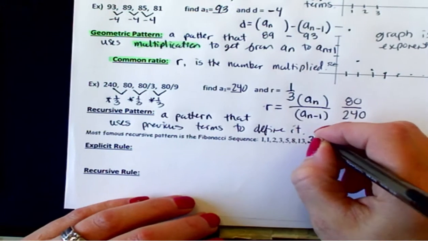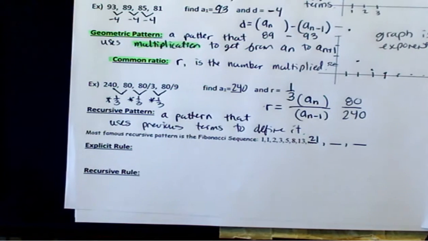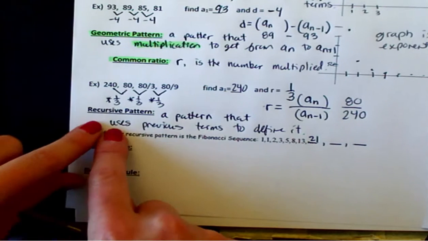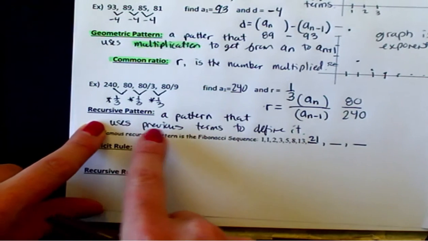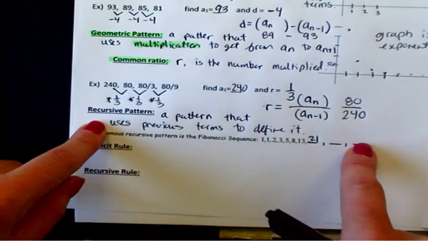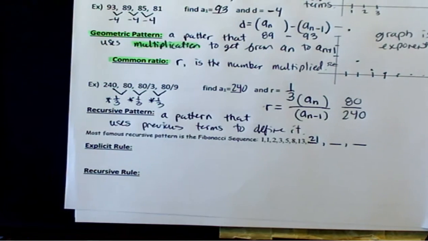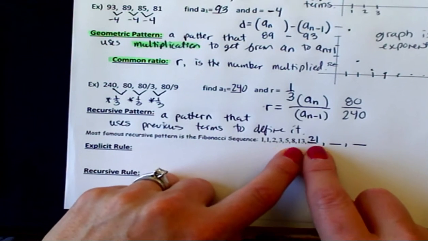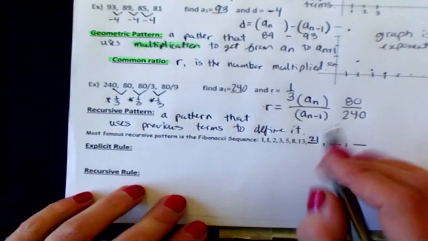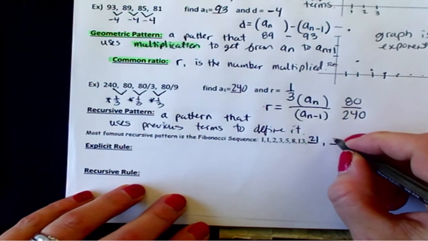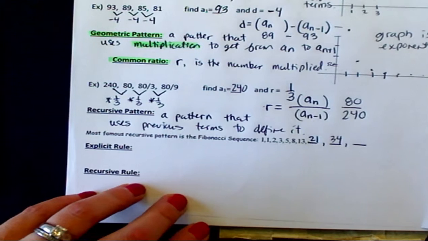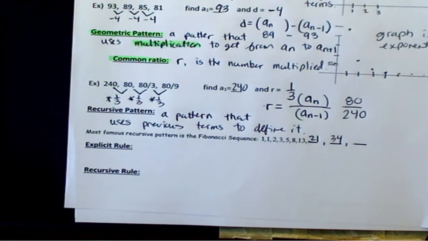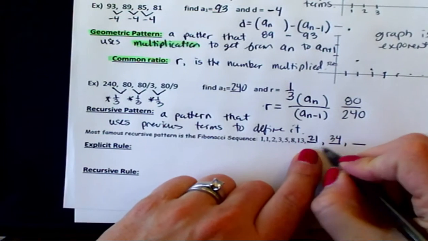How did you get 21? 8 plus 13. So you added the two previous terms. 13 and 21 is 34. Recursive means you have to use the previous terms in the list to actually find the next number.